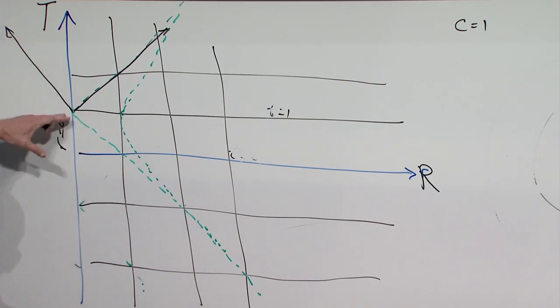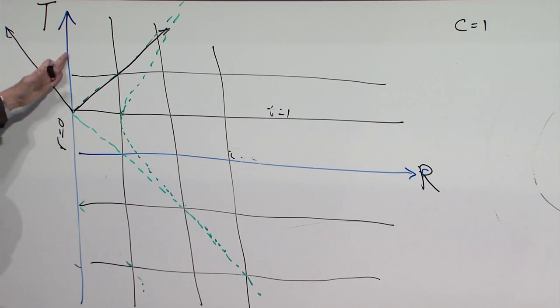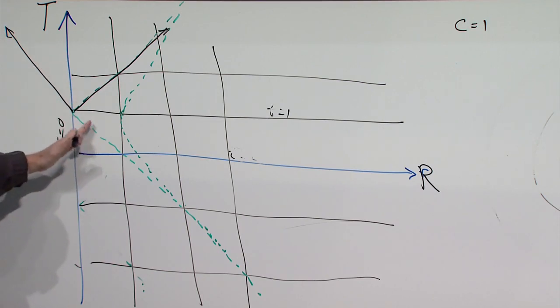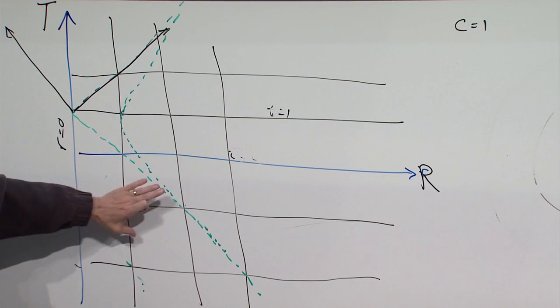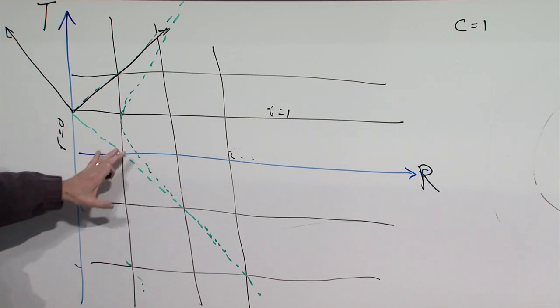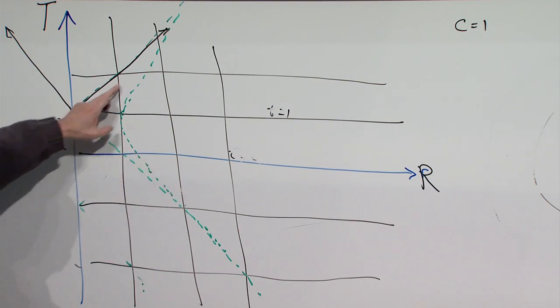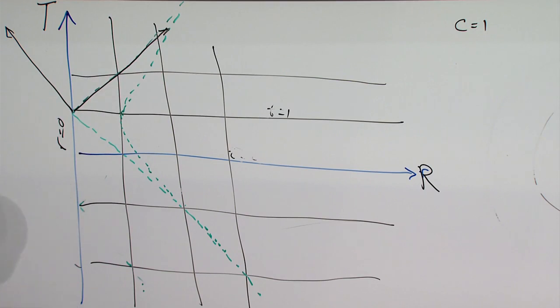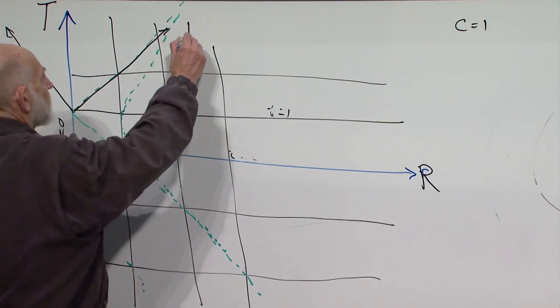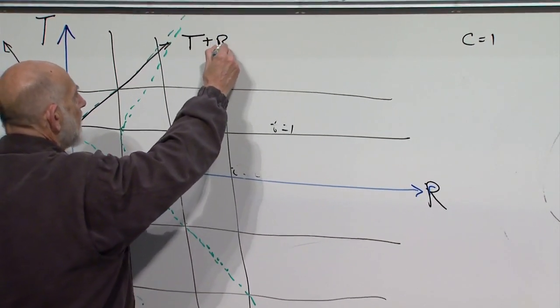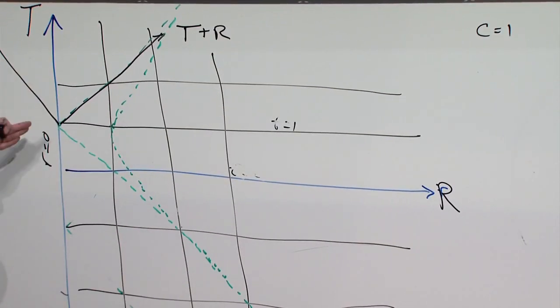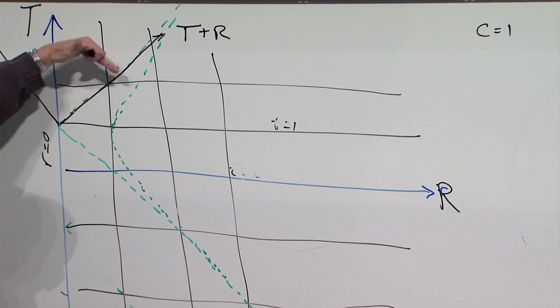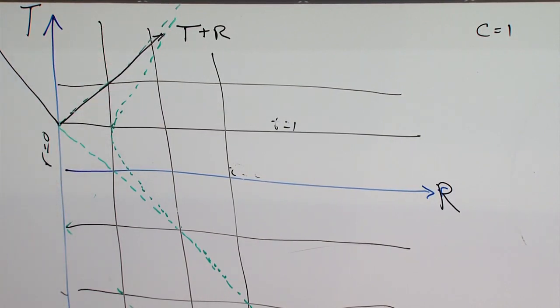Of course, I don't mean to imply that there's anything behind r equals 0. We're only interested in this region here, but we're going to introduce new coordinates, and this coordinate over here is not going to be t or r, it's going to be t plus r. T plus r varies as you go from here to here to here.